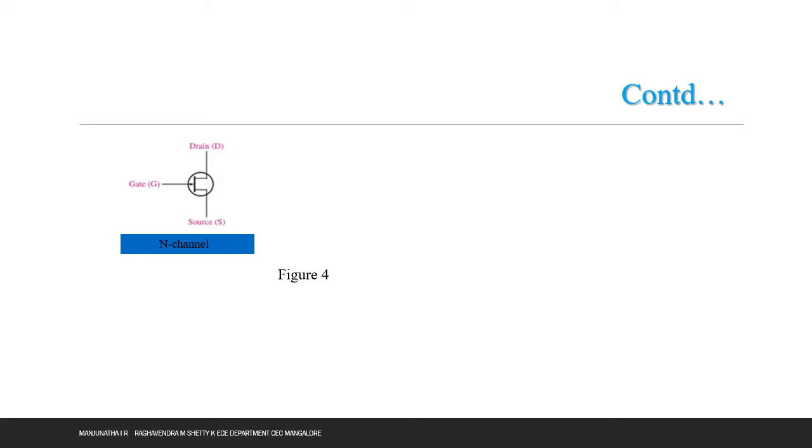So this figure depicts an N channel. There are three different terminals: drain, gate and source. If we observe the arrow mark at the gate, it is towards the gate.